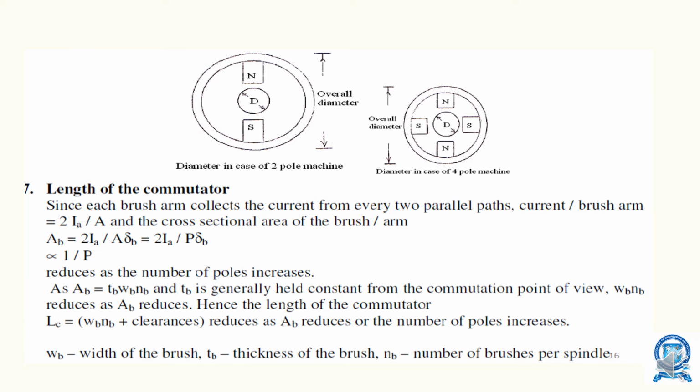As the number of poles increases, Ab reduces, as Ab is equal to Tb, Wb and Nb, where Tb is thickness, Wb is width and Nb is number of brushes. If Tb is generally constant, from the commutator point of view, Wb and Nb reduce as Ab reduces, and hence the length of commutator Lc reduces as Ab reduces. Here Wb is width, Tb is thickness and Nb is number of brushes per spindle.